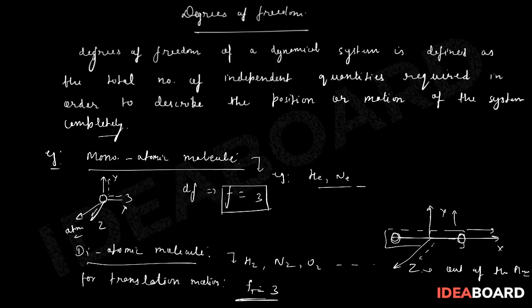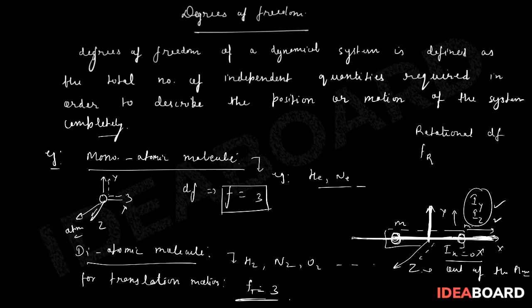Now there is a possibility of rotation also in this. What kind of possibility? Clearly if you take y-axis, and this molecule has m and m mass, you can observe this can provide some moment of inertia about y-axis, correct? Of course if you take the perpendicular axis passing through this point, that means Iz is also possible. But if you take Ix, of course Ix will be 0 because this line is passing through this point only, so there is no perpendicular distance. So Ix is 0. That means two rotational degrees of freedom are possible.